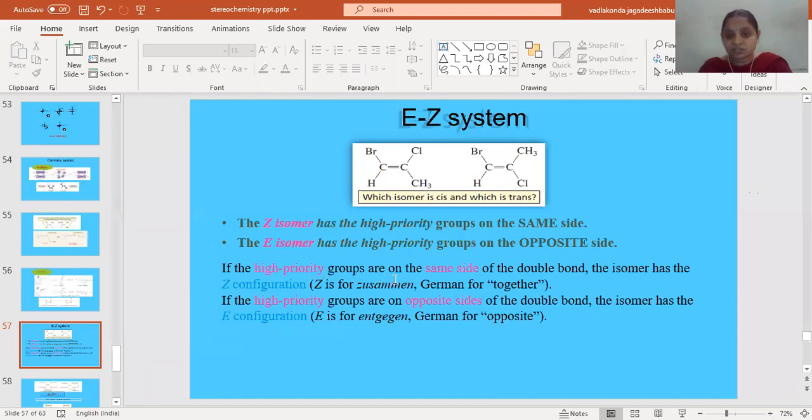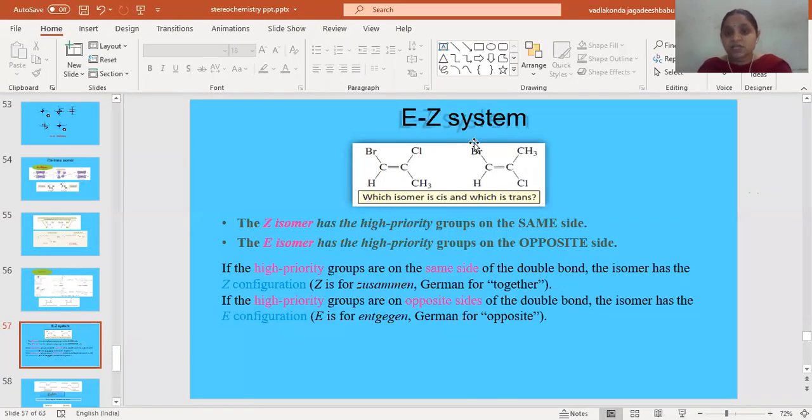Z is for zusammen in German, which means together. So if the highest priority groups are present on the same side of the double bond, then the nomenclature is given as the Z isomer. So before the name of this isomer, we will write Z.